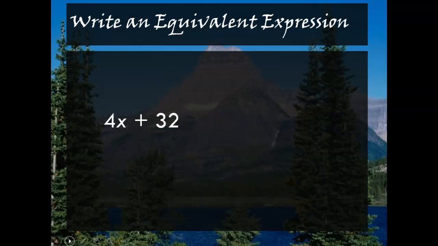In this example, we're able to write a couple different equivalent expressions. We want to think of common factors for 4x and 32. One common factor is 2. I could divide 4x by 2 and 32 by 2, and this would leave me with 2 times the quantity 2x plus 16.